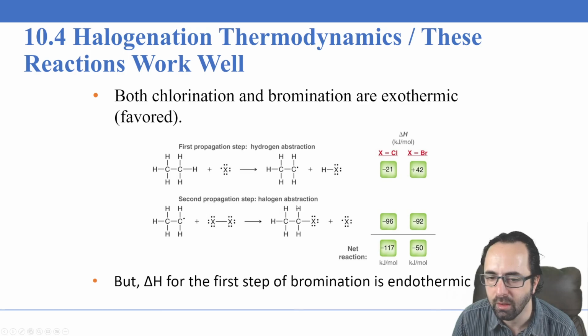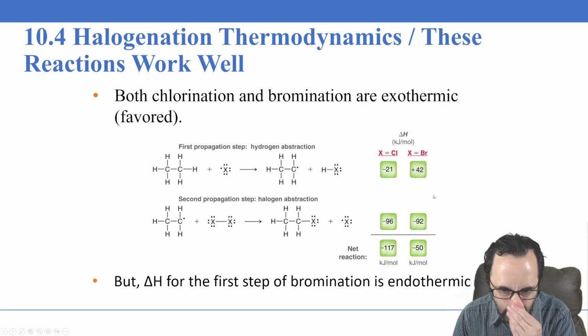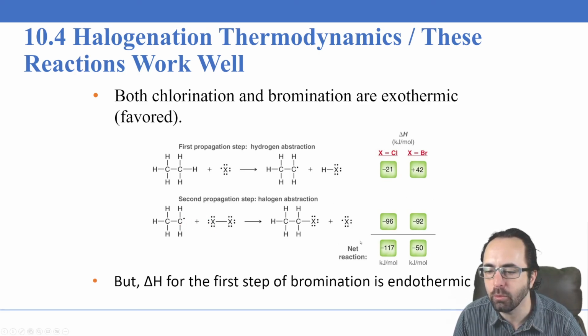Here is just looking at it in a different way. We're looking at each individual propagation step. One of the propagation steps here was the hydrogen abstraction. In the hydrogen abstraction, this one is going to be exothermic for chlorine, but it's going to be endothermic for bromine. And the second step with the halogen abstraction is going to be exothermic for both.